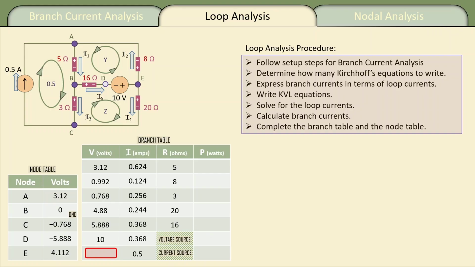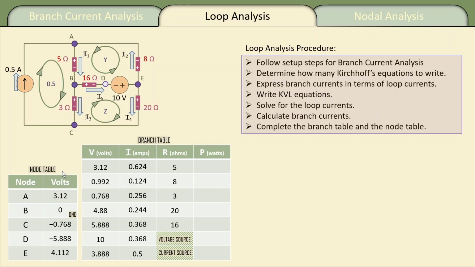Now that our node table is complete, we can find the volts associated with the half amp supply as the difference in node voltages A and C. So if I take 3.12, the node voltage at A, minus negative 0.768, the node voltage at C, that then is 3.888, the voltage associated with that current source.